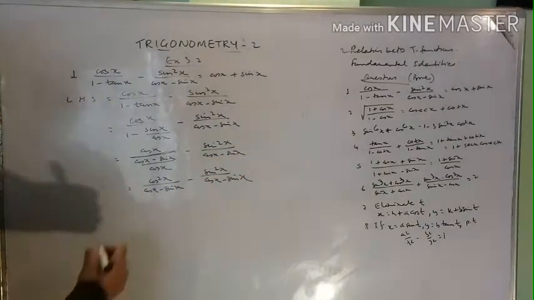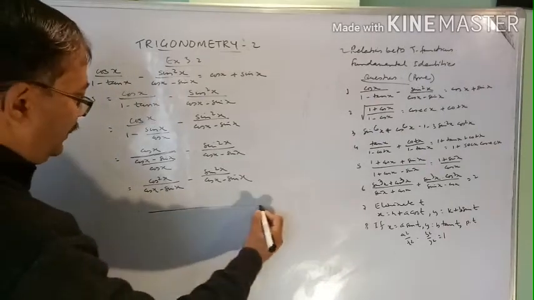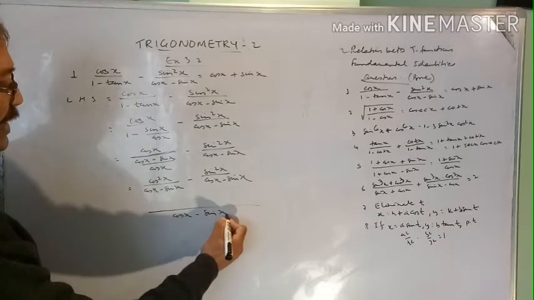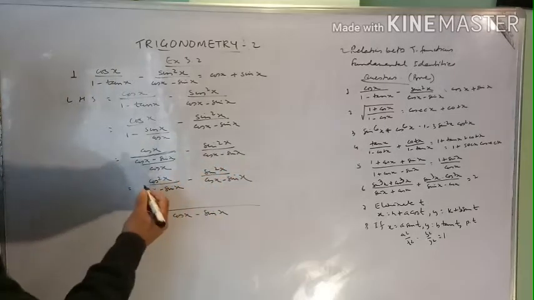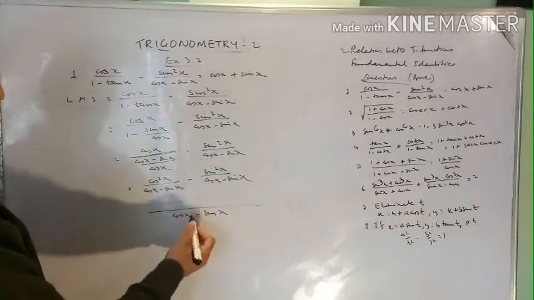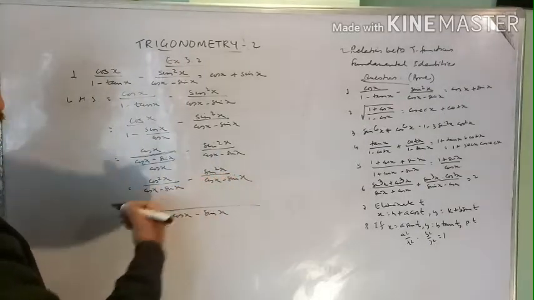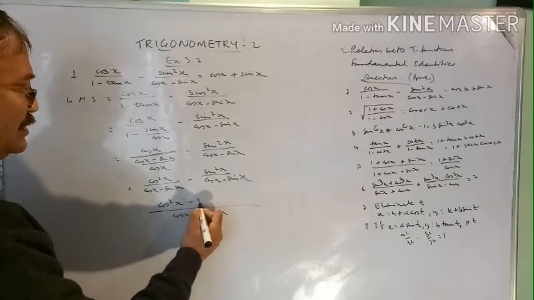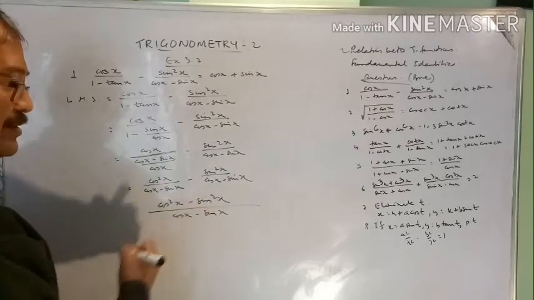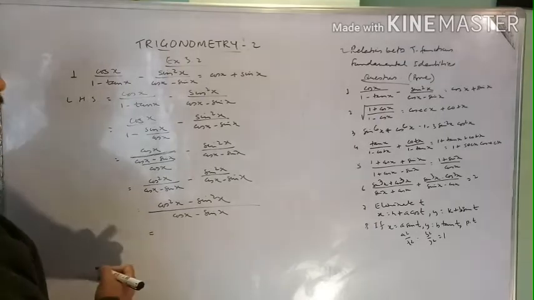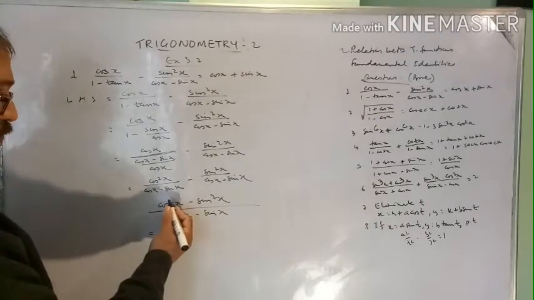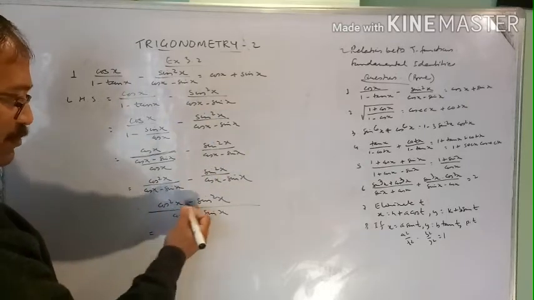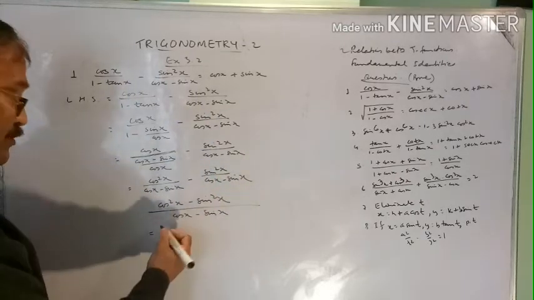Okay. So if you take LCM here now, LCM is cos x minus sin x. So because denominators are same as LCM, numerators will come as it is. So you get cos square x minus sin square x. So here it is in the form of a square minus b square, and you know the formula, a square minus b square is a plus b into a minus b.